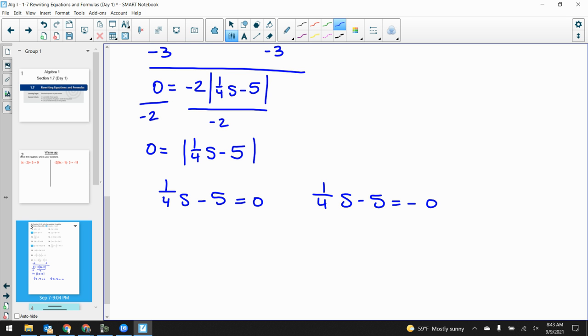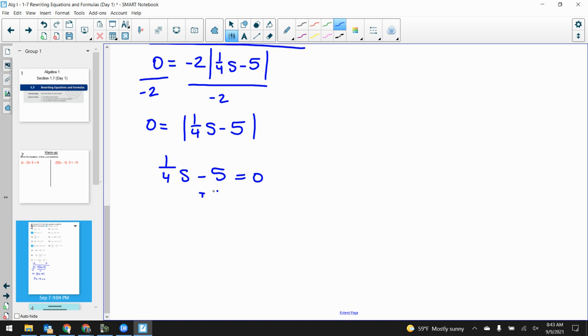No, because negative times 0 is just going to be 0. Anything times 0 is 0, right? So this would essentially just go back away. And then look, I've got 2 of the exact same equation, right? So if you ever get the absolute value is equal to a 0, you only have one solution.